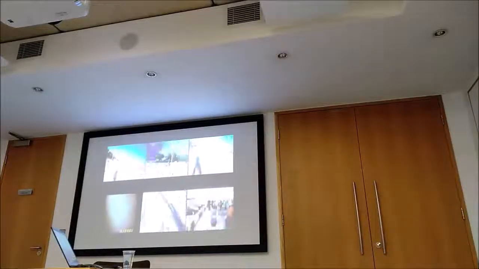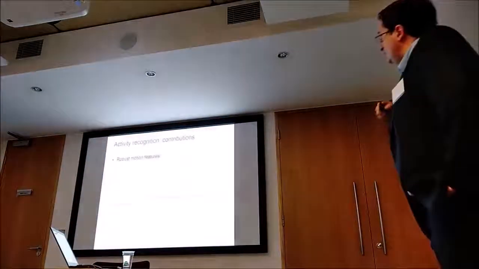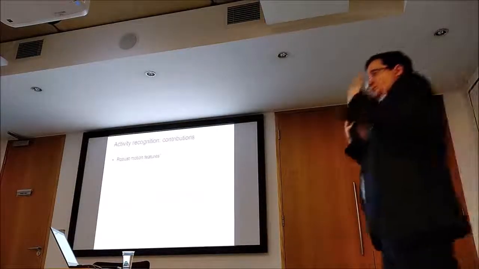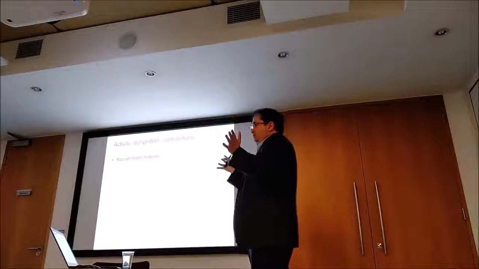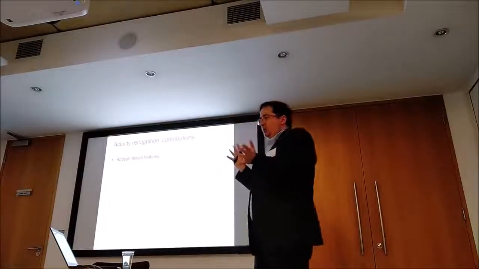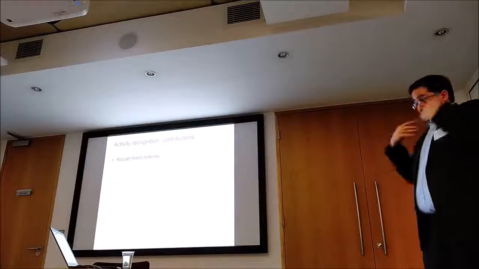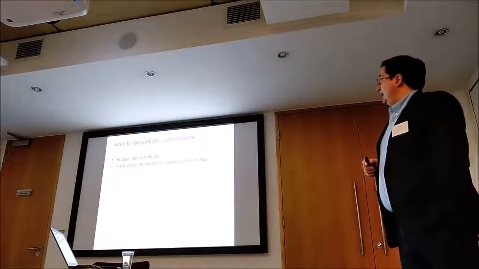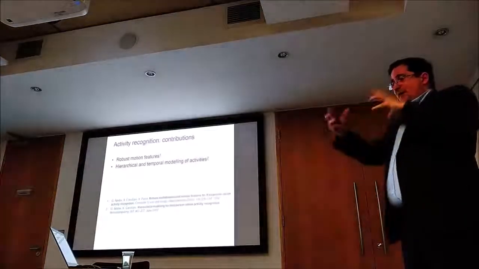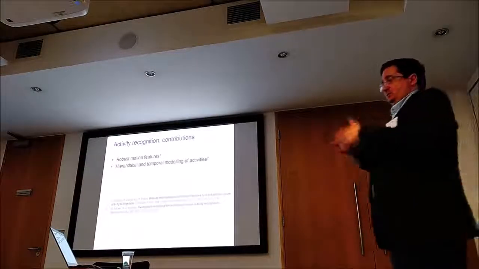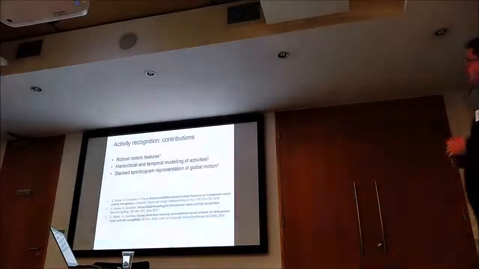What Girma did during his PhD was first to define robust motion features for this type of application. What we want is an understanding of the global motion features, despite all possible outliers, so that we can understand what the activities of the wearer are. Then we grouped activities so that we could use a hierarchical classification to be more accurate in the decision.